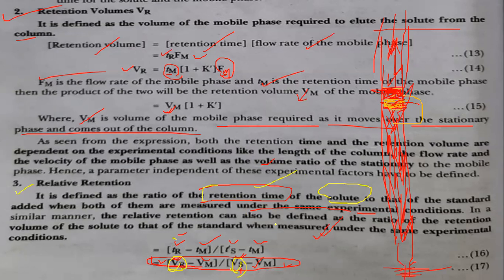Or you may define it as retention volume of solute to that of retention volume of standard. This is the retention volume of solute which we are expecting to separate, and this is the retention volume of standard.